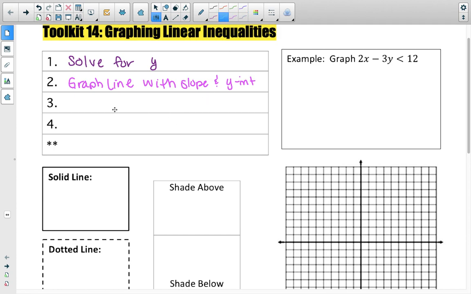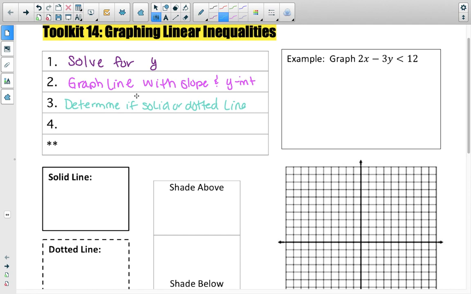The next step would be to determine if the line is solid or dotted. This goes with inequalities. We could have an open or closed circle when we are dealing with one variable in our inequalities.